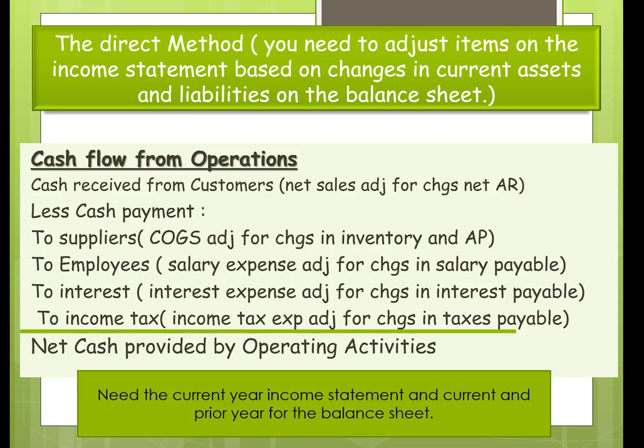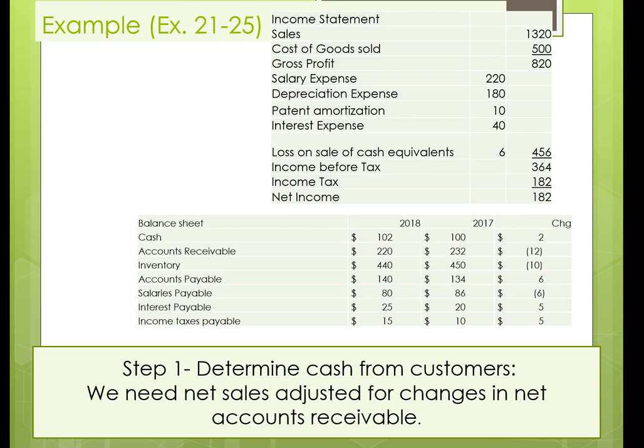So now we're going to walk through an example. In your textbook, this is exercise 21-25, and what we need is our income statement and our balance sheet, and then we need to look at what has changed, which I have right here in this column. What we're focused on are these changes.